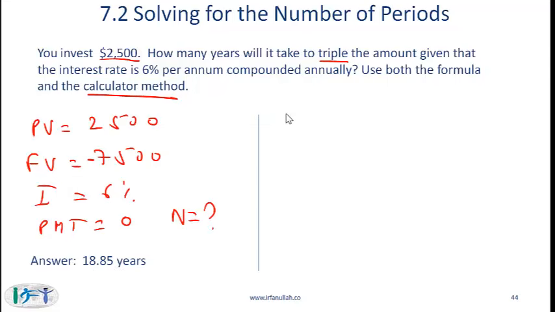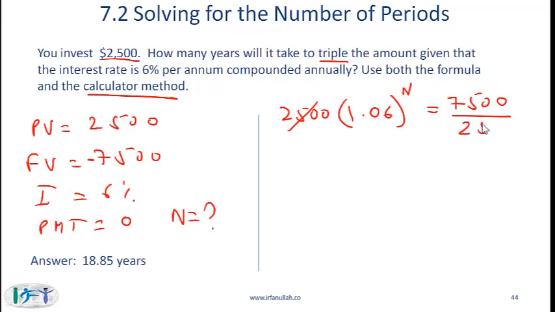Using the formula, you do the following. 2,500 into 1.06, that's 1 plus the interest rate, raised to the power of n is equal to 7,500, and then use simple algebra. 2,500 comes down over here, so this becomes 3. You have 1.06 to the power of n is equal to 3.